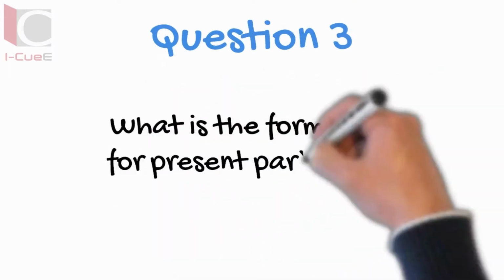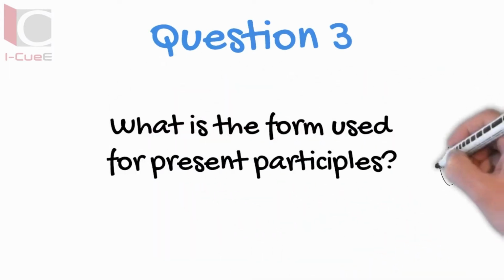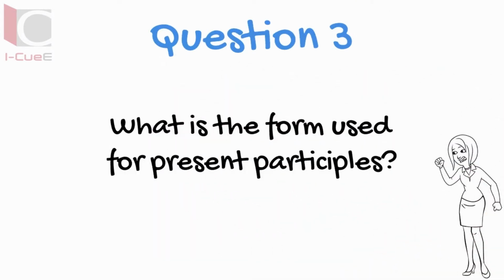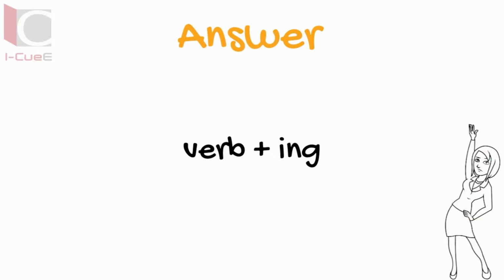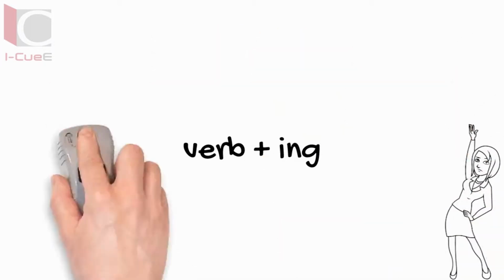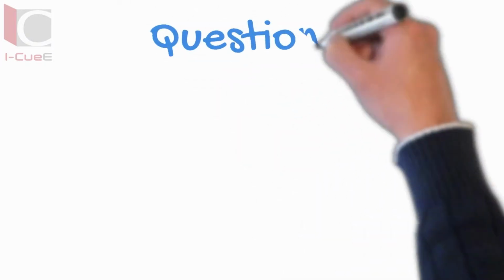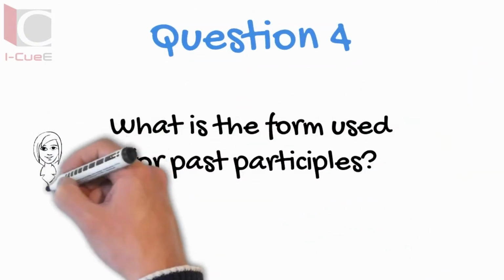What is the form used for present participles? Verb plus ing. What is the form used for past participles?